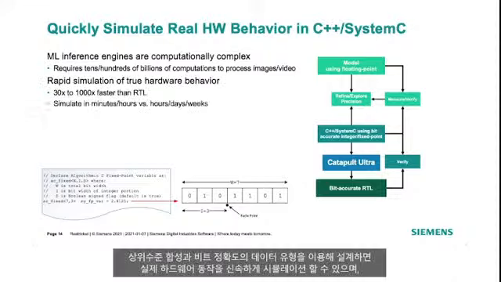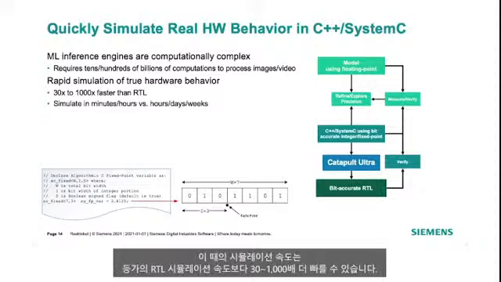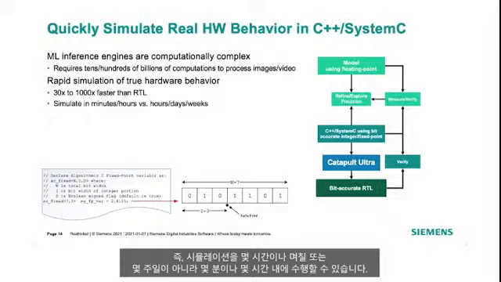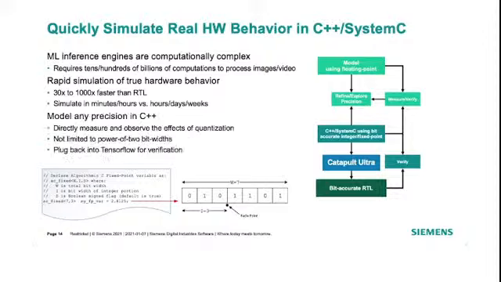Designing using high-level synthesis and bit-accurate data types provides the ability to perform rapid simulation of the true hardware behavior, where the simulation can be anywhere from 30x to 1000x faster than an equivalent RTL simulation. This means being able to simulate in minutes or hours versus hours, days, or weeks.